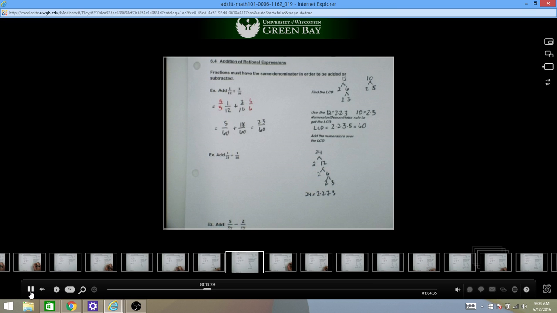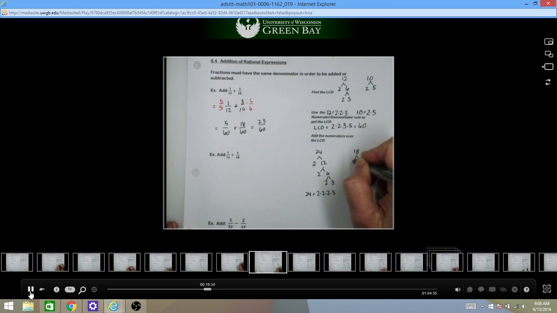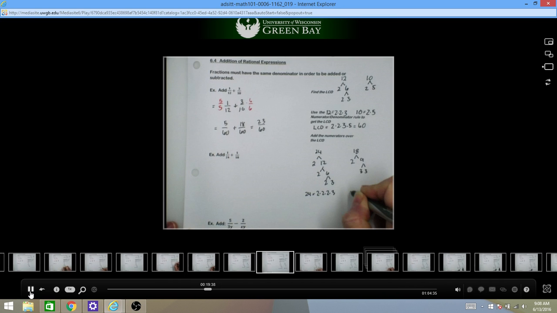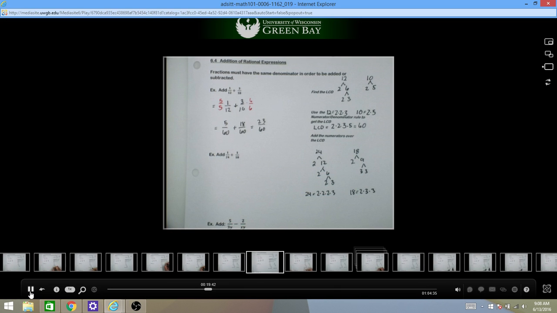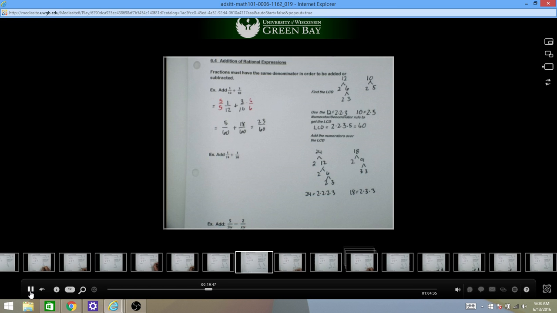Eighteen's prime factorization, that'd be 2 times 9, and 9 is 3 times 3. There's only one prime factorization for a number, so if you started out with 24 as 4 times 6, eventually you get to the same prime factorization as I did.